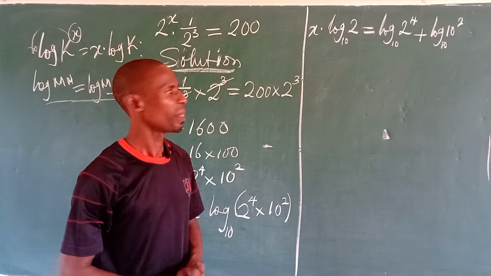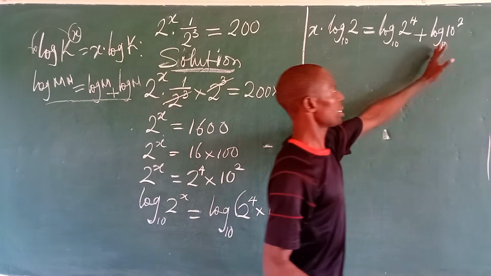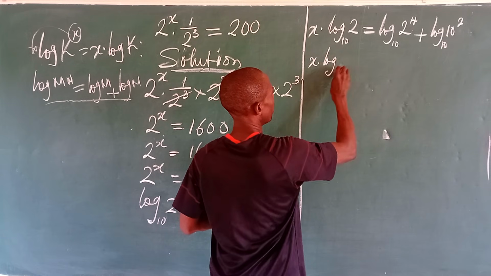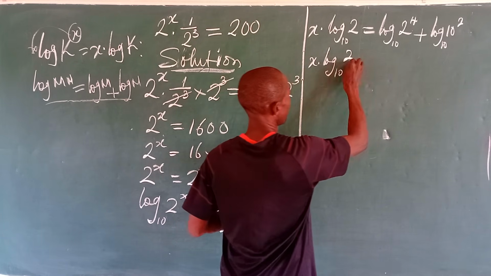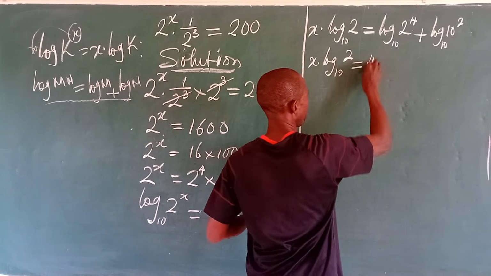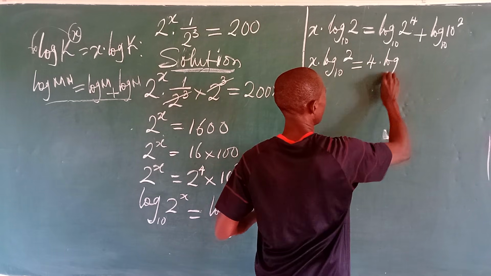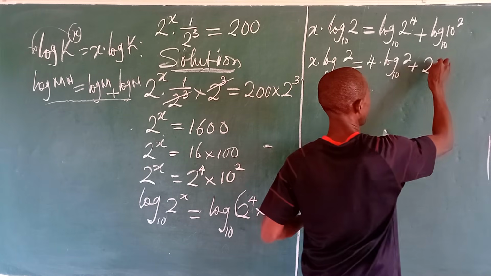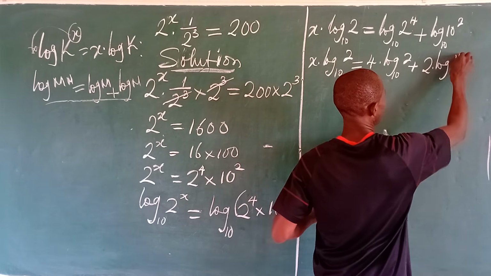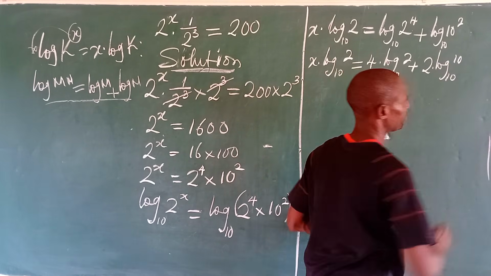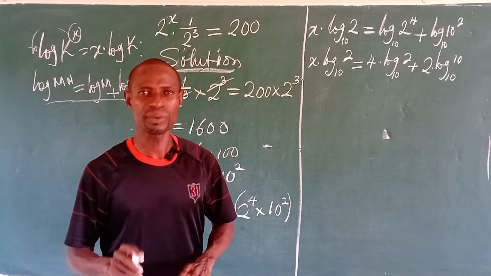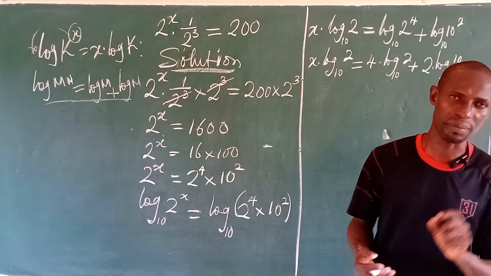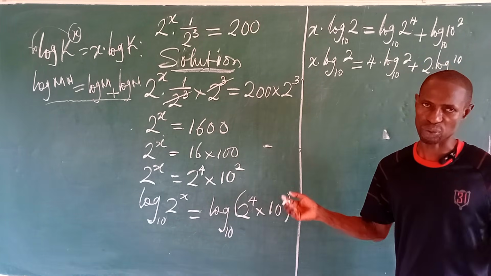So if we apply the power law to these expressions, we're going to have x times the log of 2 base 10 equal to 4 times the log of 2 base 10 plus 2 times the log of 10 base 10. Here we have another rule, which says that the log of any number or any alphabet base itself is equal to 1.